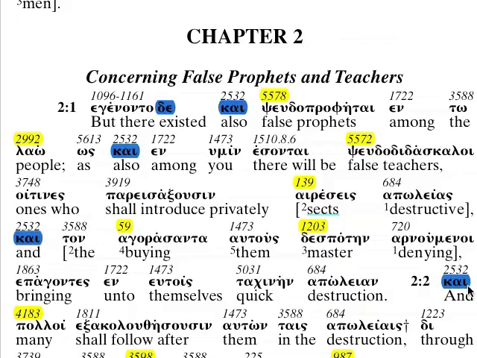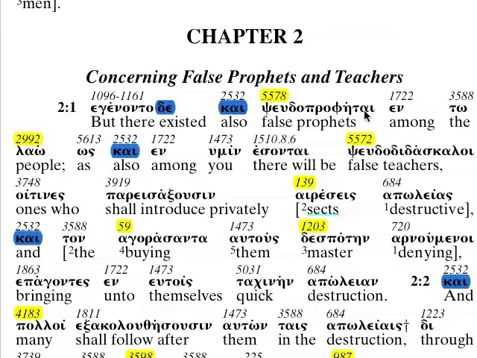Then verse 2. So there existed also pseudoprophetai. We have false prophet. We have pseudo at the first part of that word, and prophetai are prophets. It's a direct transliteration.